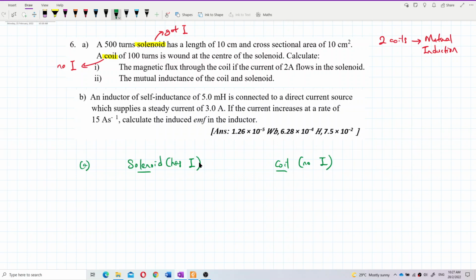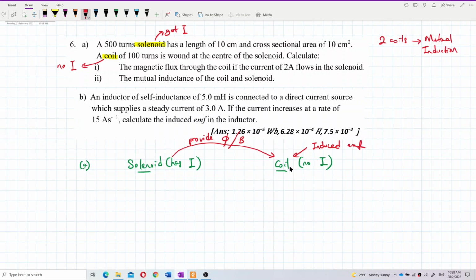The solenoid provides magnetic field for the coil, then this coil will induce EMF.